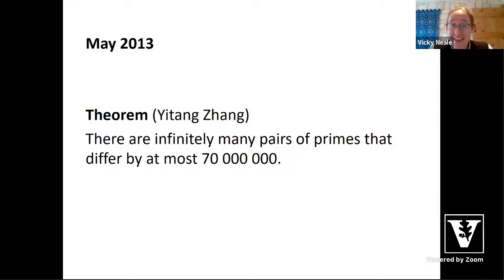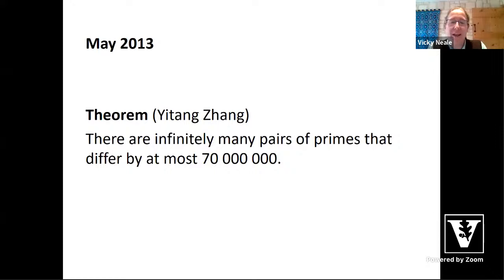And I agree. What's exciting about this result is it's the first time anybody had managed to prove a result of this type. And while 70 million is a lot bigger than 2, it's much smaller than infinity, which is where we were before.